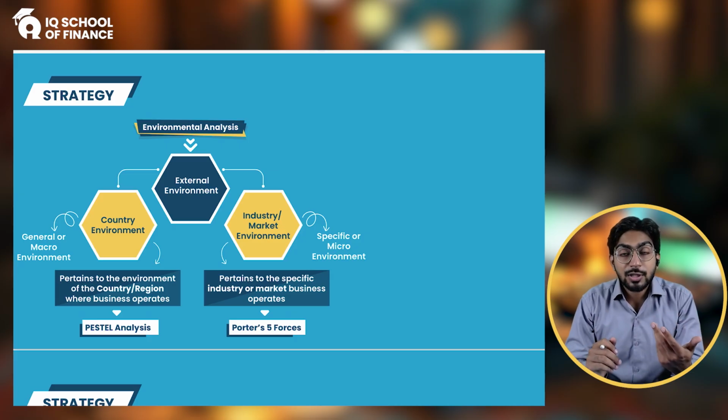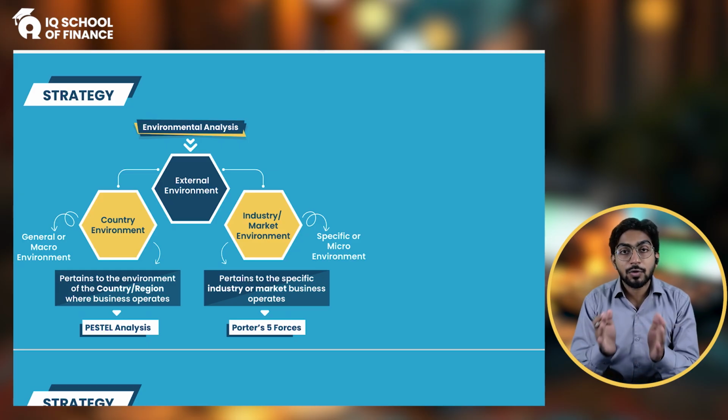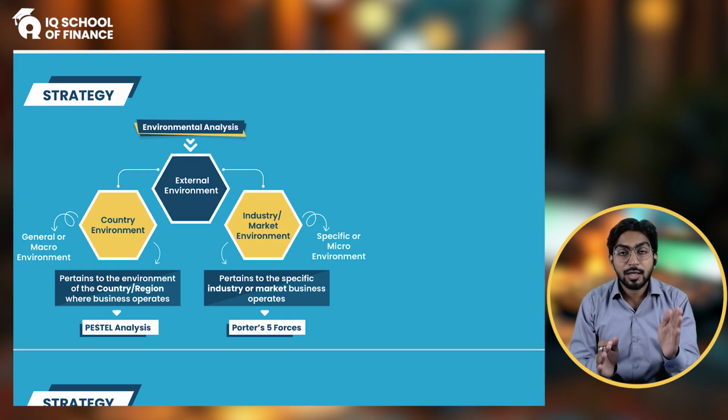And we also studied that when we talk about the external environment analysis, then again we have two layers. One is the country environment analysis, which talks about the environment of the whole country or the region. We also call it the general or the macro environment.